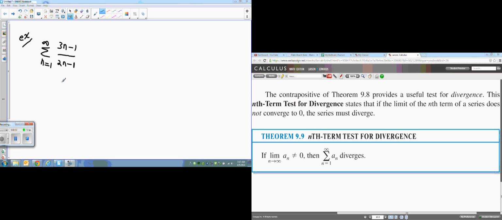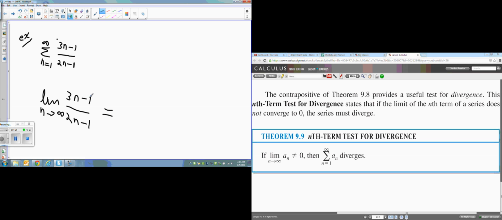On the left, we have (3n - 1)/(2n - 1), that's a_n, and we're adding those up. This is the series that we're looking at. So we're going to take a_n and find the limit as n approaches infinity of a_n, which is just (3n - 1)/(2n - 1).